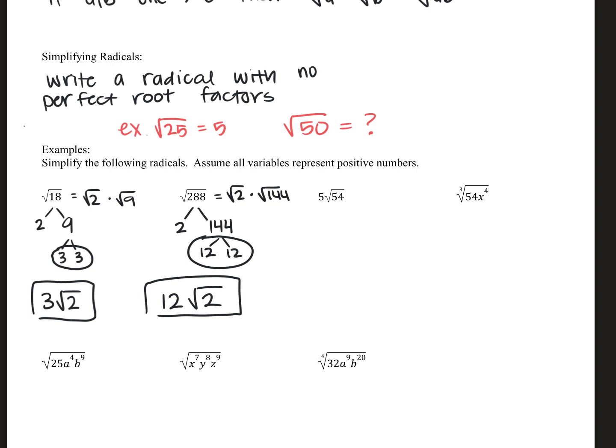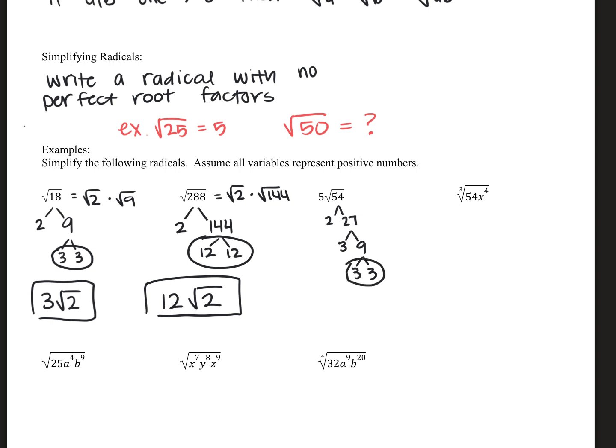Next we have 5 square root 54, which I'm going to do just to show you how to do it if you can't think of the perfect square right away. 54 divided by 2 is 27. So 2 and 27. 27 is not a perfect square, but I can break it down as 3 times 9. 9 is a perfect square, which breaks down to 3 and 3.